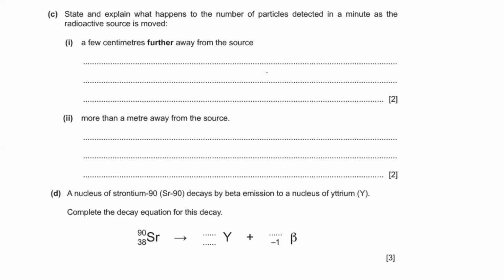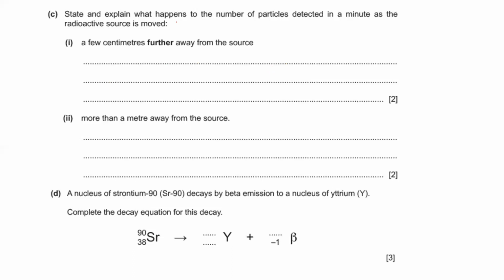Remember, beta particles are electrons. They do not have the intensity to travel long distances. So if you move away from the source, the intensity decreases.